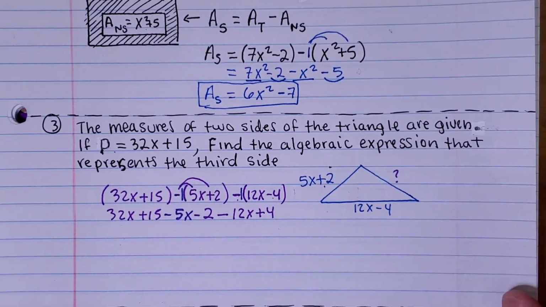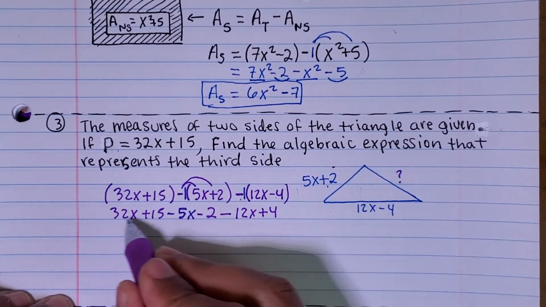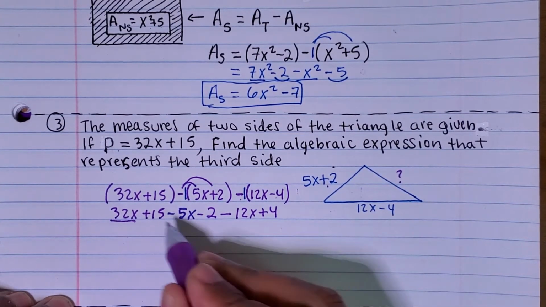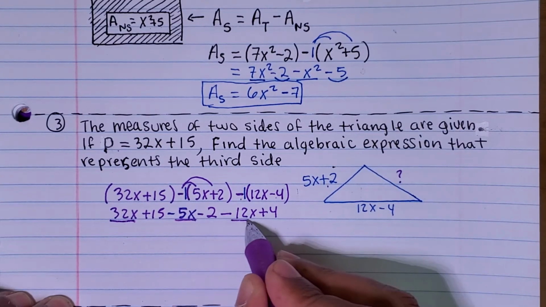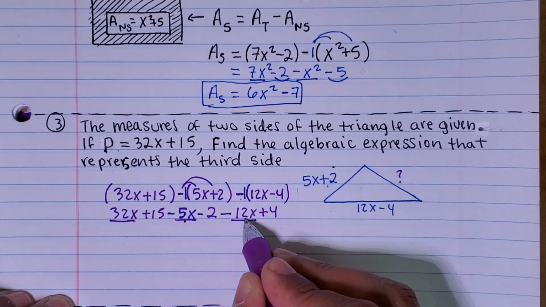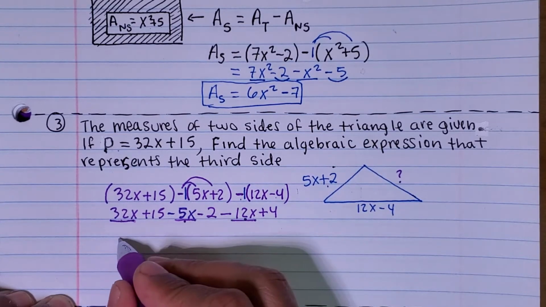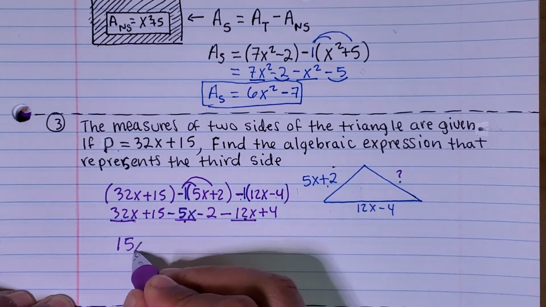And now I'm going to combine like terms. So I see that I have 32x, negative 5x, and negative 12x. If I add negative 5x and negative 12x, they combine to negative 17x. But I have 32 positive, so 32 minus 17 leaves me with 15x.